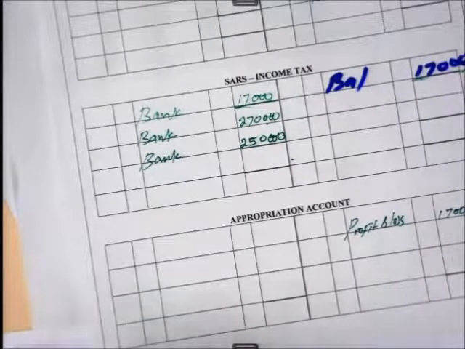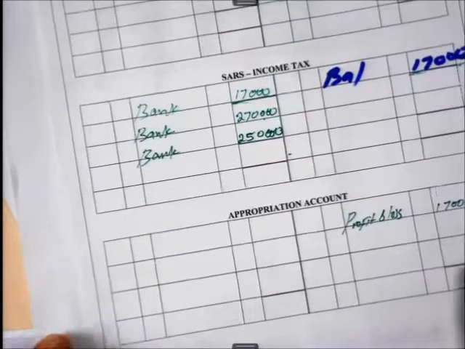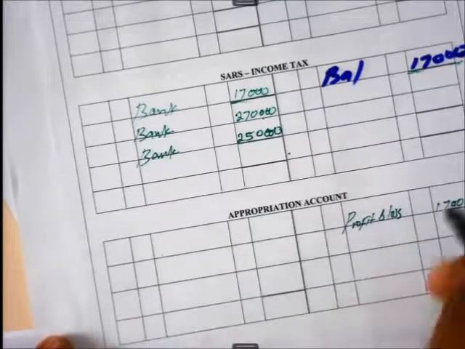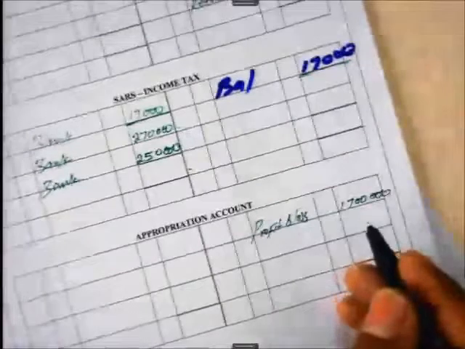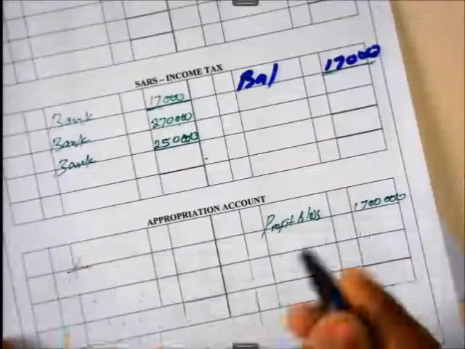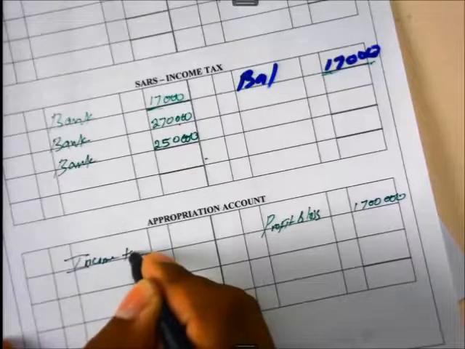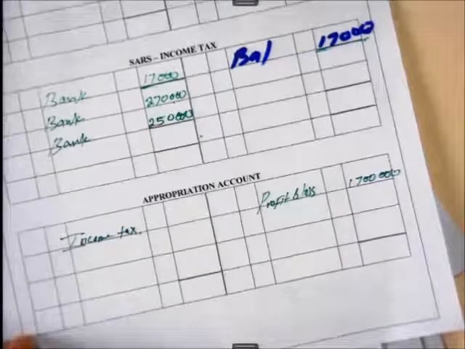Okay? The first thing that we are going to pay from this profit and loss is the income tax, which is based on your profit. The income tax for the year would be debited to the appropriation account. Now, what did they say to us?